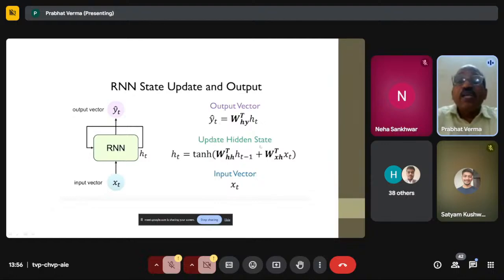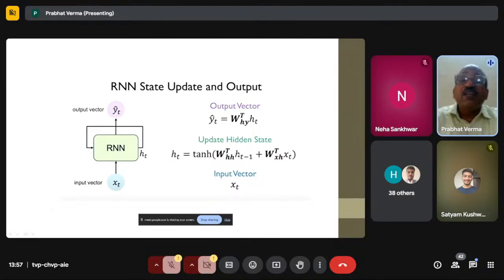And how do we update the hidden state? As we have seen previously, we make use of the tanh function. So the new ht will be tanh of Whh transpose into ht minus 1 plus Wxh transpose into xt. This weight is between the previous state and the next state, and this is related to the current input. Both components are responsible for updating ht.